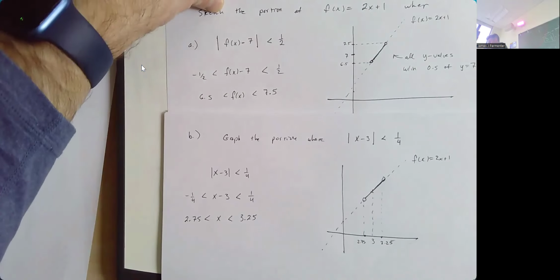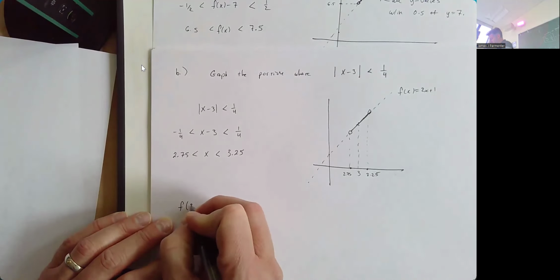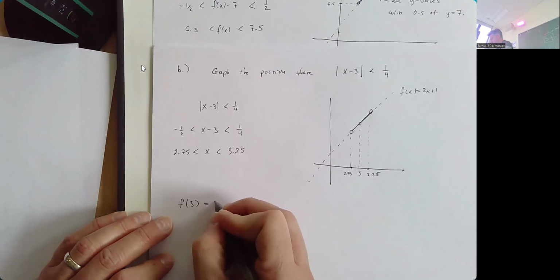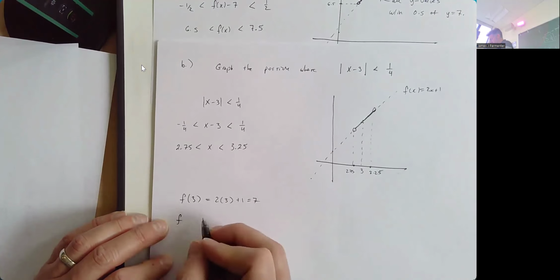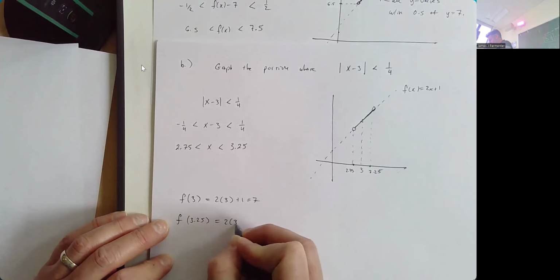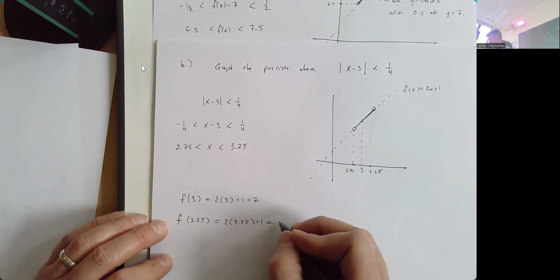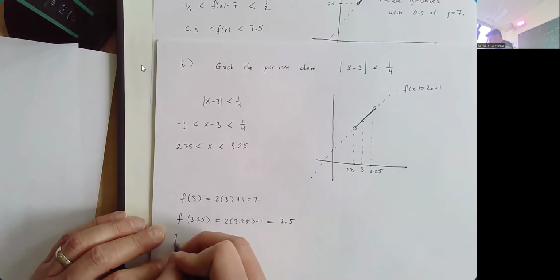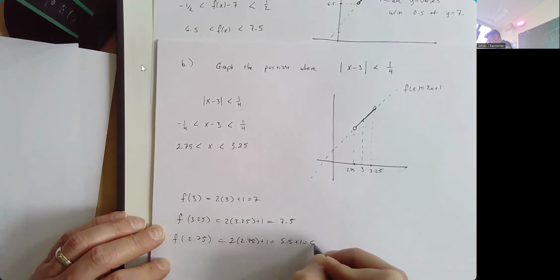So let's see that they're the same by pointing out that if you look at f of 3, f of 3 is 2 times 3 plus 1, which is 7. F of 3.25 is 2 times 3.25 plus 1, which is 6.5 plus 1, which is 7.5. And f of 2.75 is 2 times 2.75 plus 1, which is 5.5 plus 1, which is 6.5.